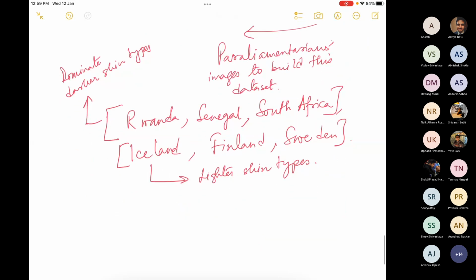In total, they chose 1270 unique individuals across these 6 countries.